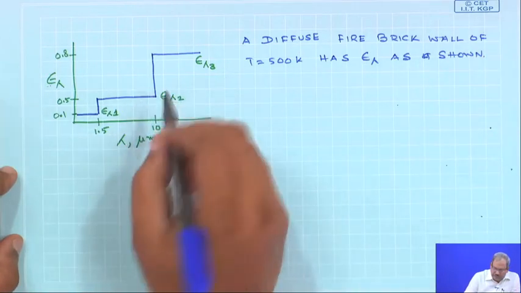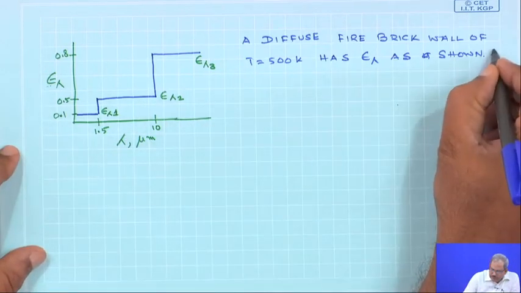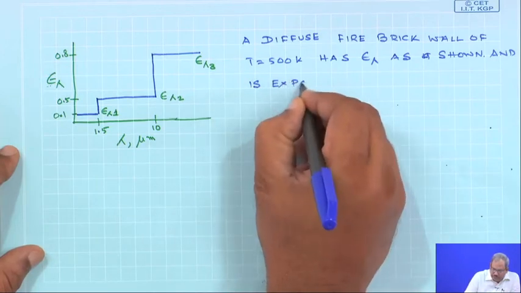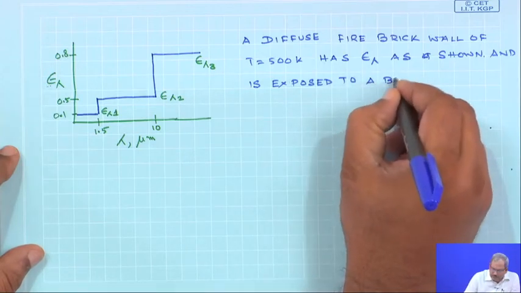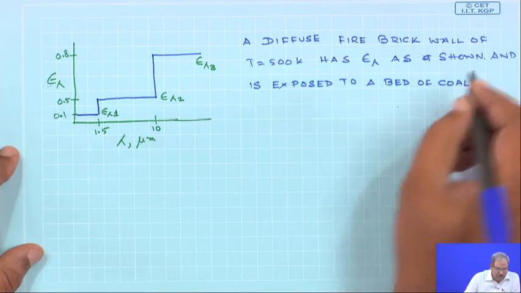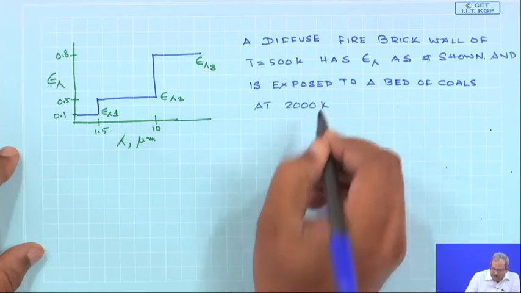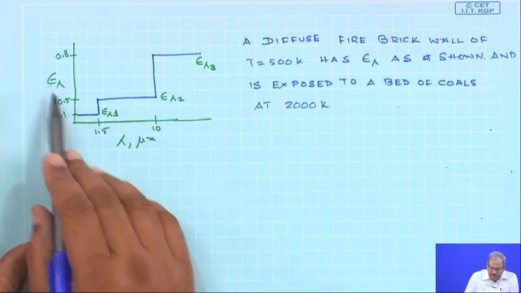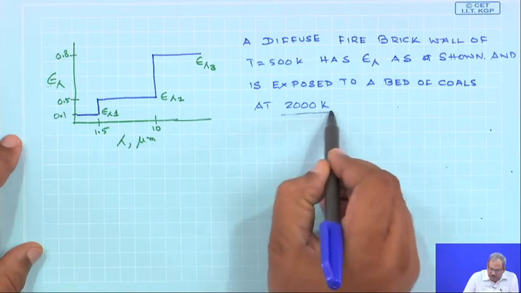So, this is the figure of epsilon lambda versus lambda, and it is exposed to a bed of coals at 2000 Kelvin. So, you have a surface whose spectral absorptivity is shown, but it is also exposed to a bed of coals at 2000 Kelvin.